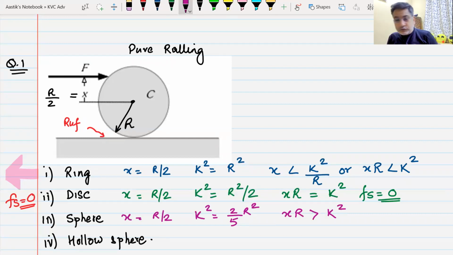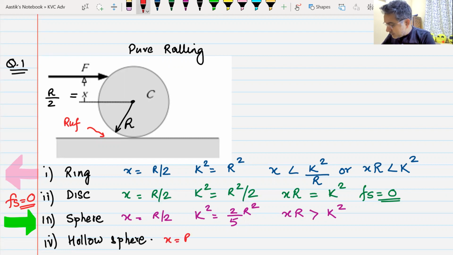Yes, sir. So what will be the direction of friction here? The direction of friction here would be forward. Do we understand this? Yes or no? Yes, sir. Well done.